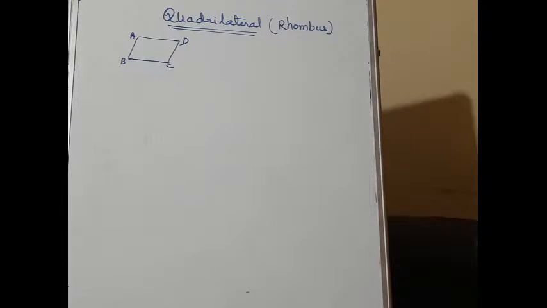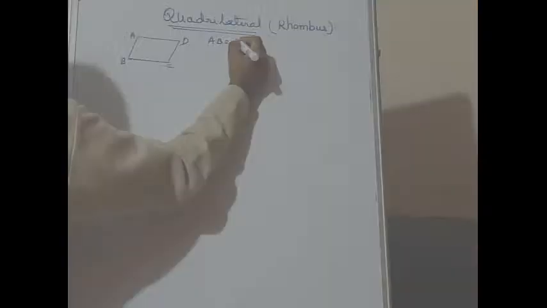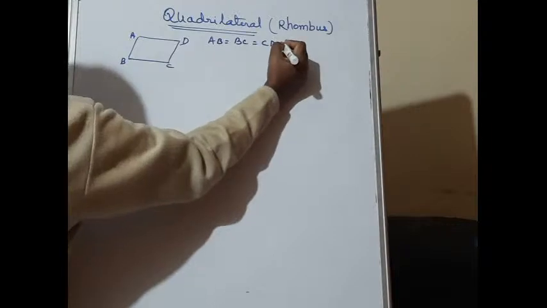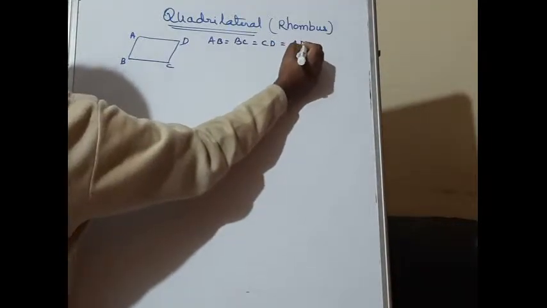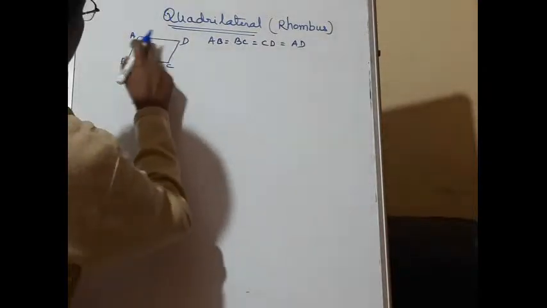You write AB equal to BC, CD equal to DA. All four sides are equal in a rhombus, just like a square. Square is the elder brother. And you draw AC and BD.